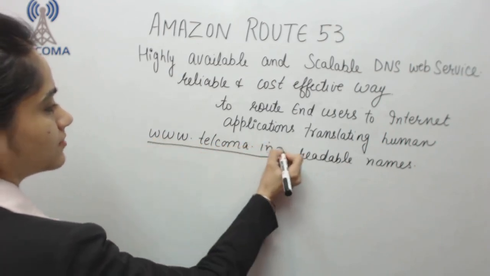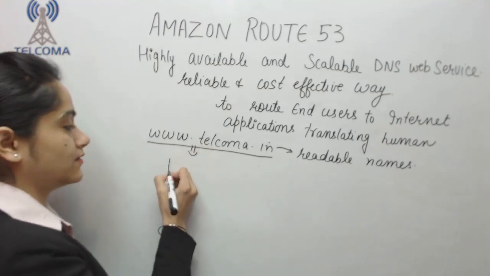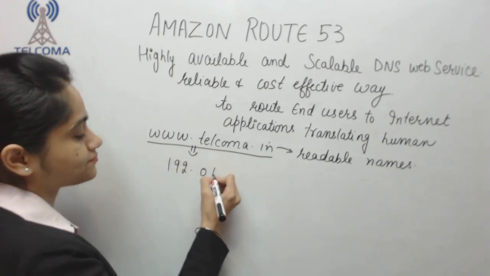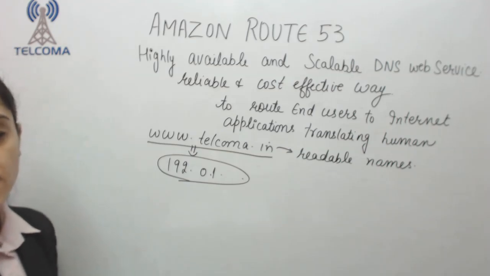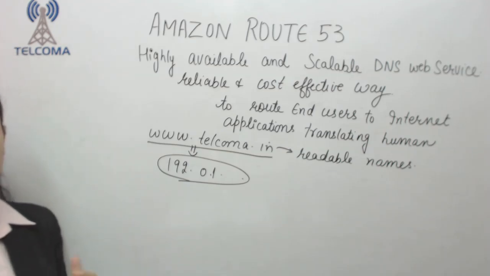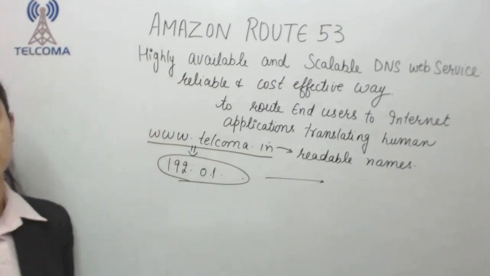This is a human readable name, so it will be converted to its particular IP address so that it will be connected to the application. As per the format, it will provide us a domain name so that we can connect it to the various applications.